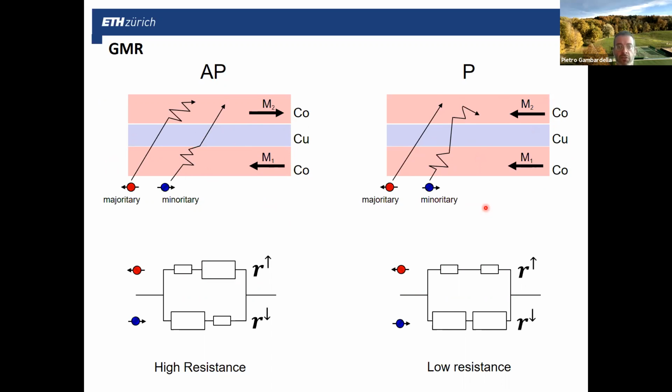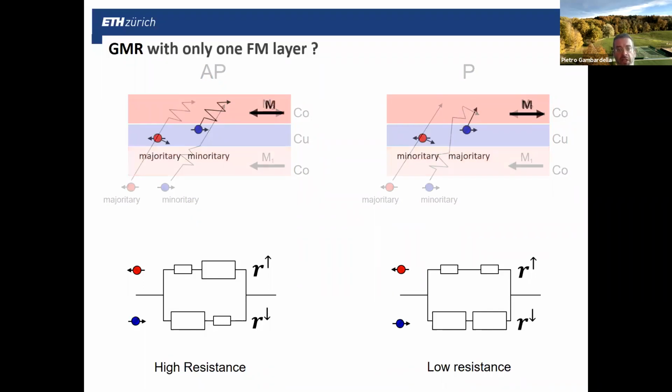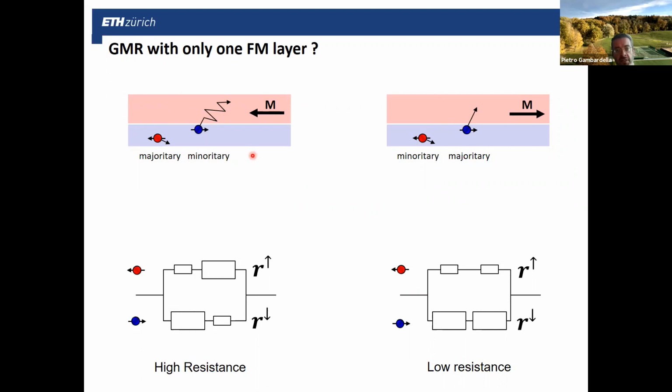Okay. So in order to observe GMR, of course, you need at least two different magnetic layers to create the spin polarization. But if you have spin-orbit coupling in a non-magnetic system, then you can achieve a net spin polarization just by one of the two effects or both that I've mentioned before.